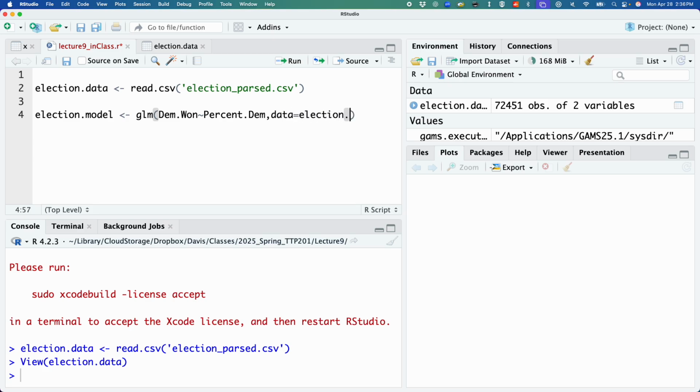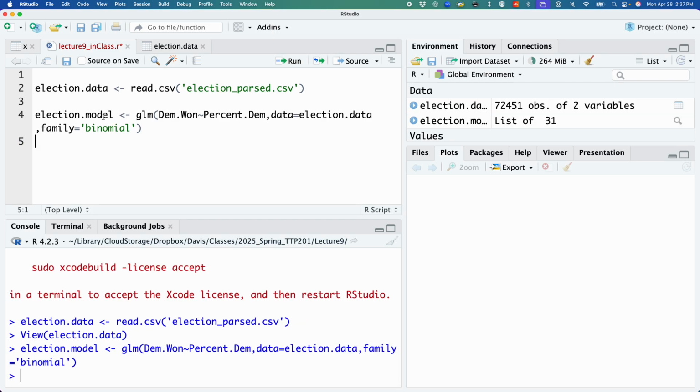We're going to use election data. And here, importantly, you have to specify the functional form of the output, which is binomial. So we're just going to run a simple logistic regression. And we can run it like so.